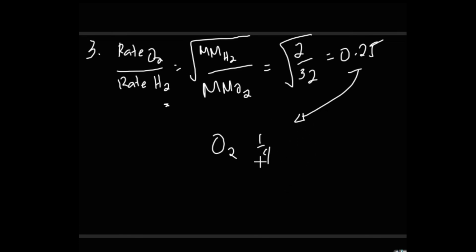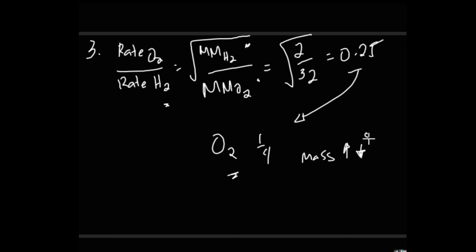Actually we can predict that the oxygen will move slower compared to the hydrogen gas because of their molecular mass. You remember that when we talk about the relationship of speed and mass, the more mass a molecule has, the tendency is it will move slower.